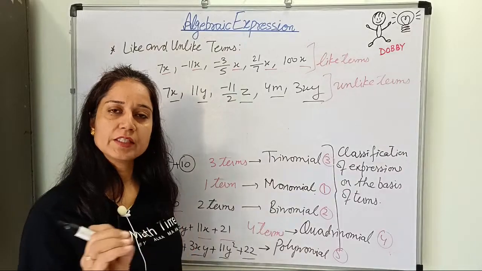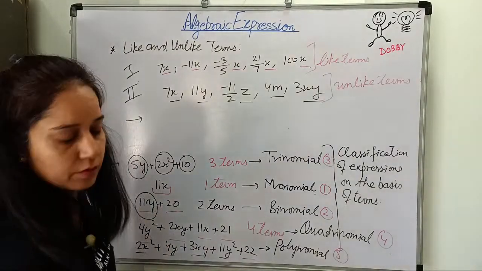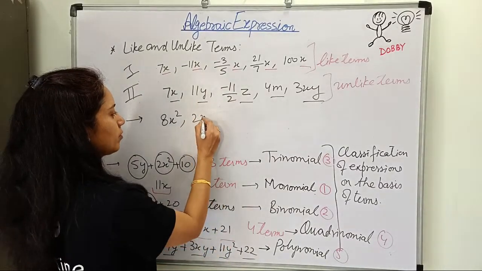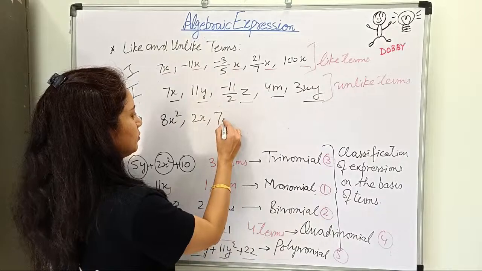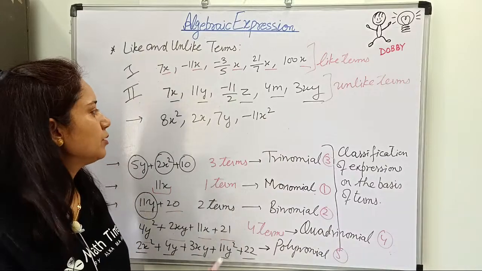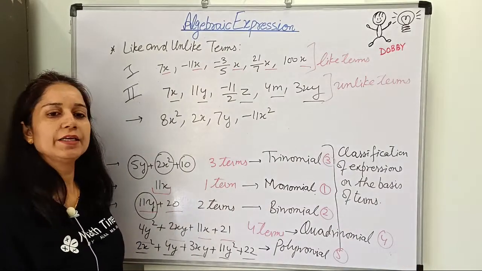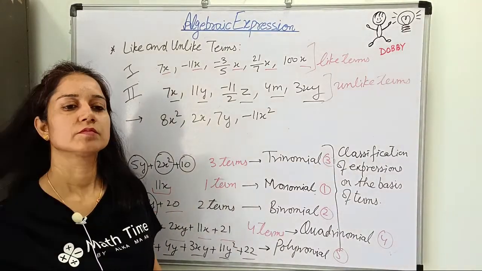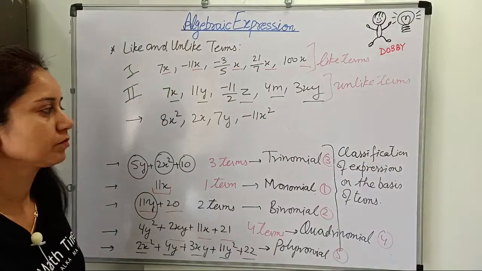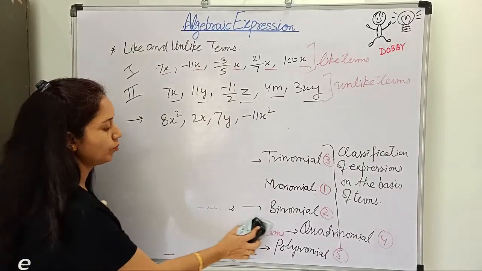Writing some expressions here, you have to find the like terms out of them. These are the 4 terms I have written on the board: 1, 2, 3, 4. Out of these 4 terms, tell me which are the like terms.